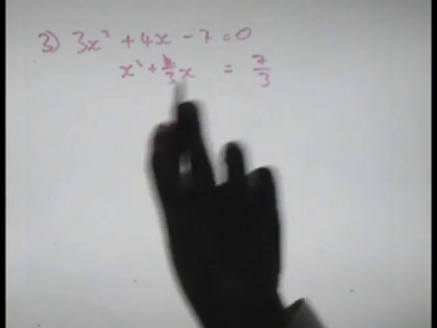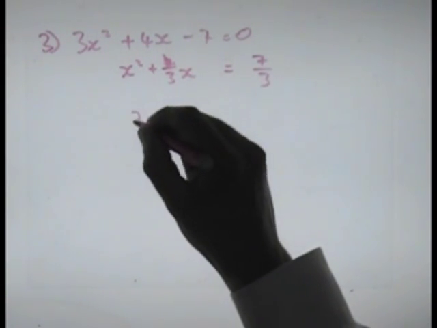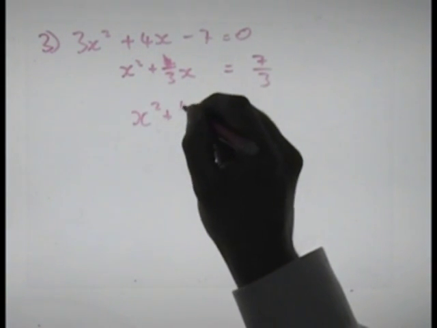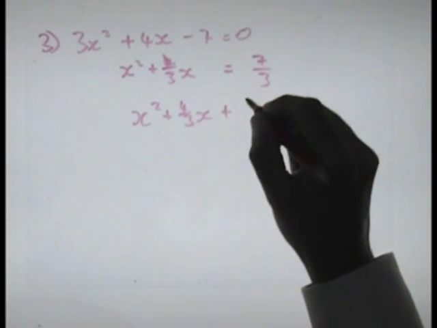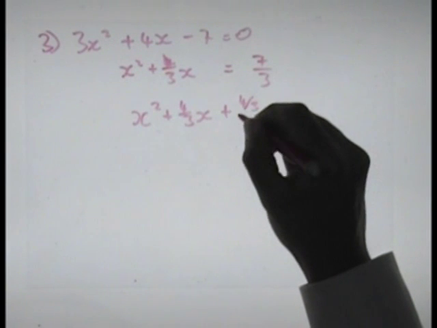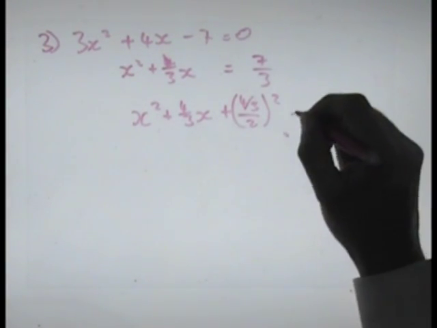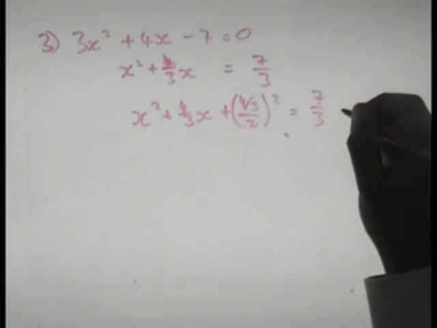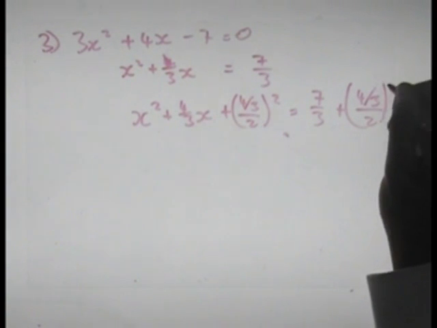Took the 7 across, divided everything by 3. This is going to be x squared plus 4 over 3x plus (4 over 3 over 2) squared is equal to 7 over 3 plus (4 over 3 over 2) squared.